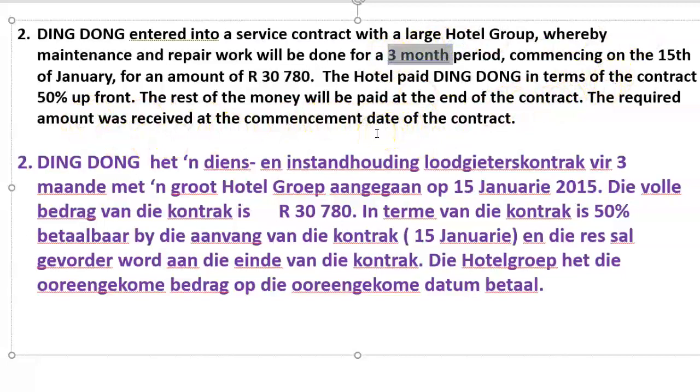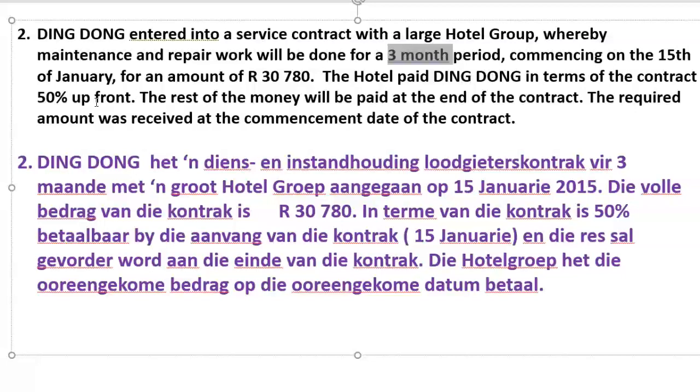Now, here 2 things have happened. The first thing that happened is on the 15th of January, where we received 50% of the contract price. So 50% of 30,780 Rand I have already received. The receiver of revenue will ask you, was there an invoice? Now, probably no, because there was only a half month gone since the 15th when I started with the work.